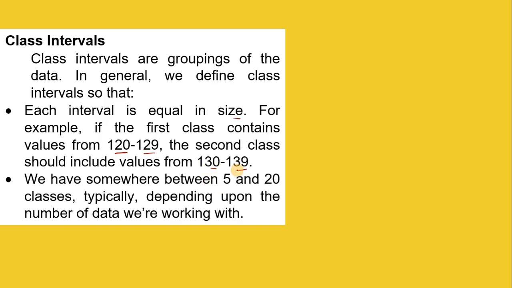So they are of the same size, but they don't overlap with one another. 129 belongs here and 130 belongs here. We typically have somewhere between 5 and 20 classes, so not too long, depending also upon the number of data that we're working with. It's also better to have the classes in multiples of 5.